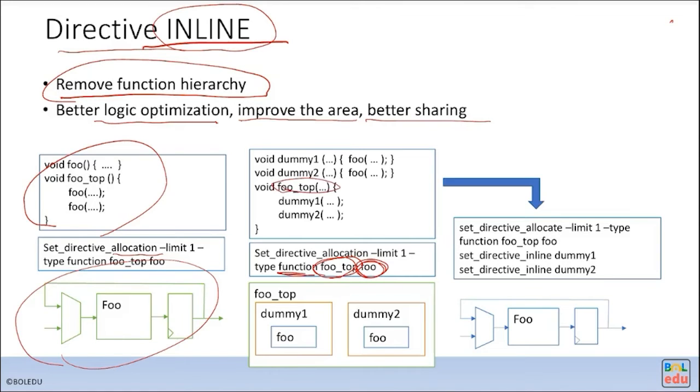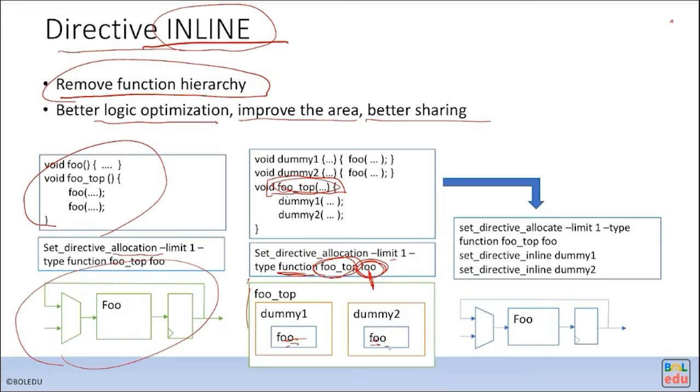Under the top, but the foo function is not directly under the top, so you could not limit its usage. So when you synthesize, you get this result: you still have two foo functions instantiated. Okay, so a better way to do that is to use an inline.